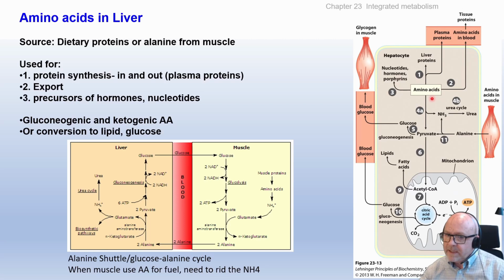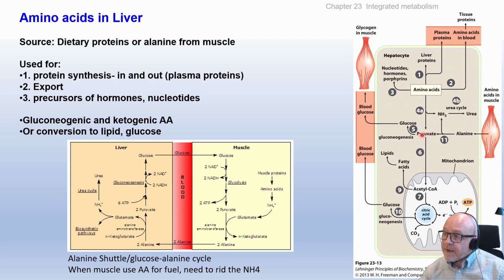So amino acids can be metabolized as a source of energy within the liver, broken down to pyruvate, and this will come at the cost of producing ammonia, which has to be converted to urea via the urea cycle, and then it can be secreted and excreted from the kidney.